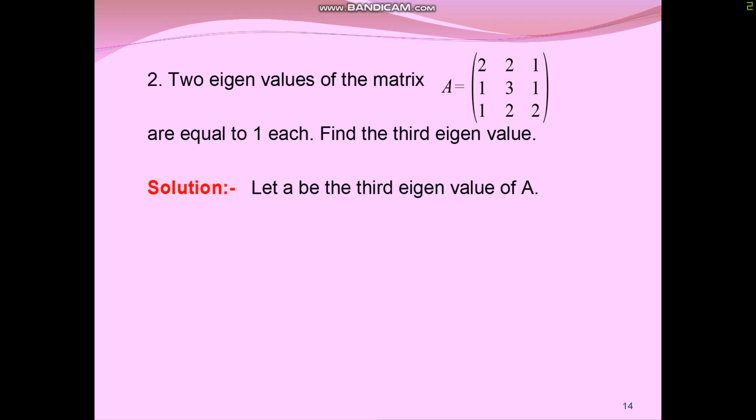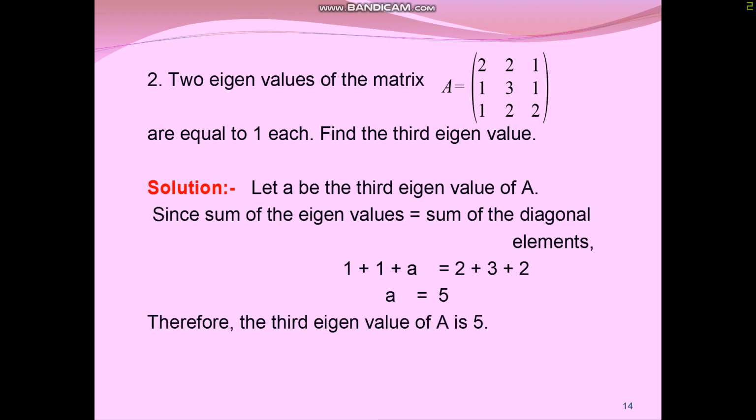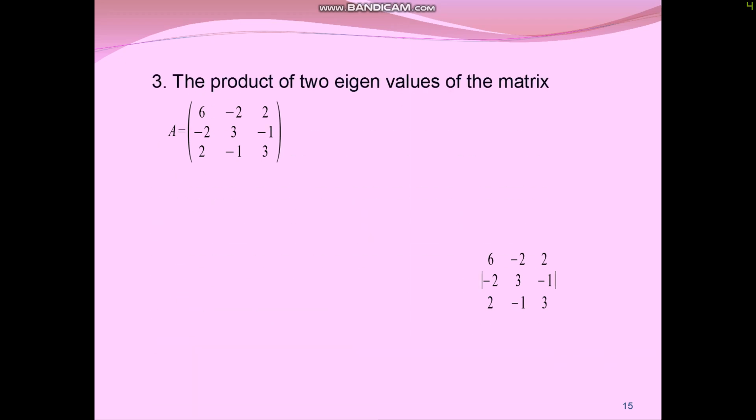Let a be the third eigenvalue of A. Since the sum of the eigenvalues equals the sum of the diagonal elements, 1 plus 1 plus a equal to 2 plus 3 plus 2, so a equal to 5. Therefore the third eigenvalue of A is 5. The product of two eigenvalues of the matrix A is 16.